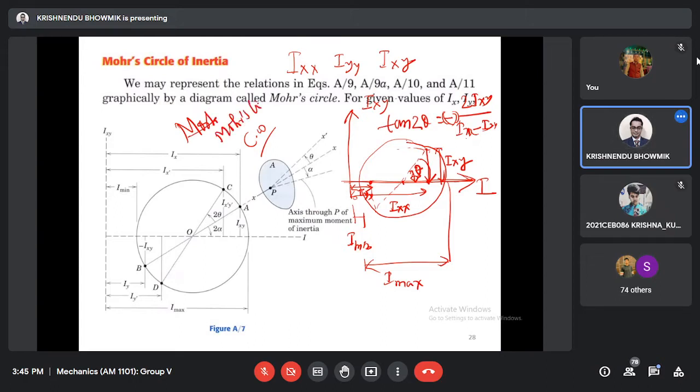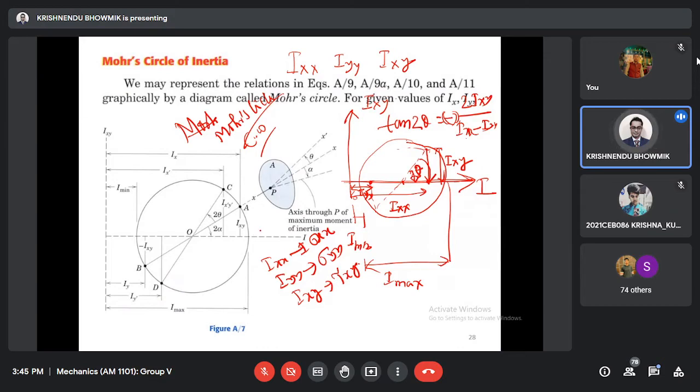This Mohr's circle will be used further in strength of materials, where Ixx will be replaced by sigma xx, Iyy by sigma yy, and Ixy by shear stress tau xy.